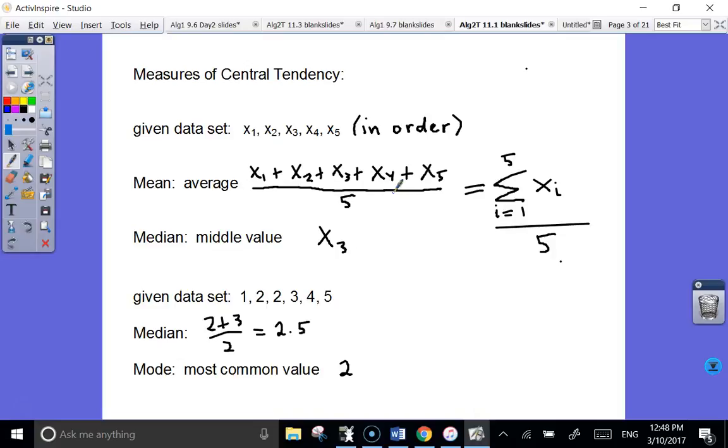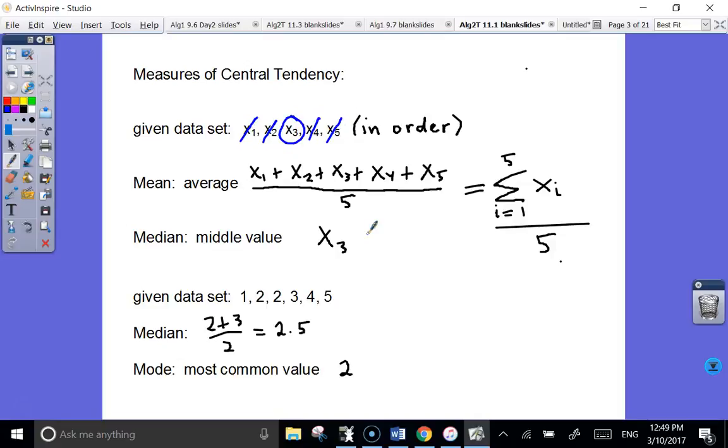Okay, what is the median? How do you calculate median? It's the middle number, right? So if you have them in order, you throw out the high and the low, you throw out the high and the low until there's just one number in the middle, and that's the median.